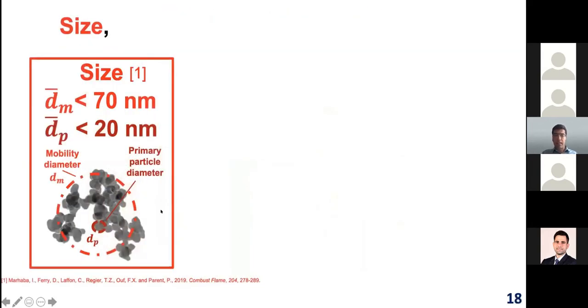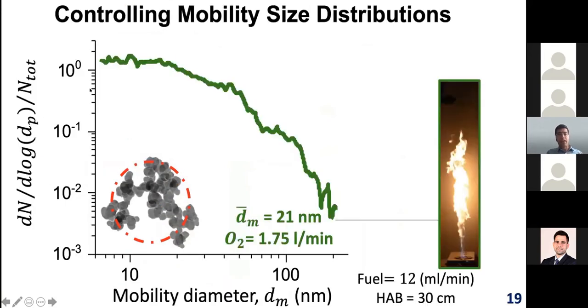The first characteristic was the size of these soot particles: mobility diameter less than 70 and primary particle less than 20 nanometers. So here you're looking at the normalized mobility diameter of the soot particles emitted from an FSP flame using 12 milliliters per minute of liquid jet fuel and with 1.75 liters per minute of oxygen. That results in a mobility diameter of 21 nanometers, a very small particle.